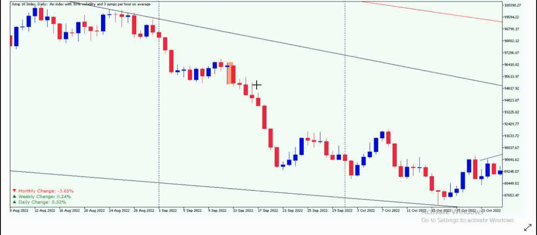In a reversal pattern, this lower area, which is the wick, or the lower area of that wick, is not a static support. It's a dynamic support.